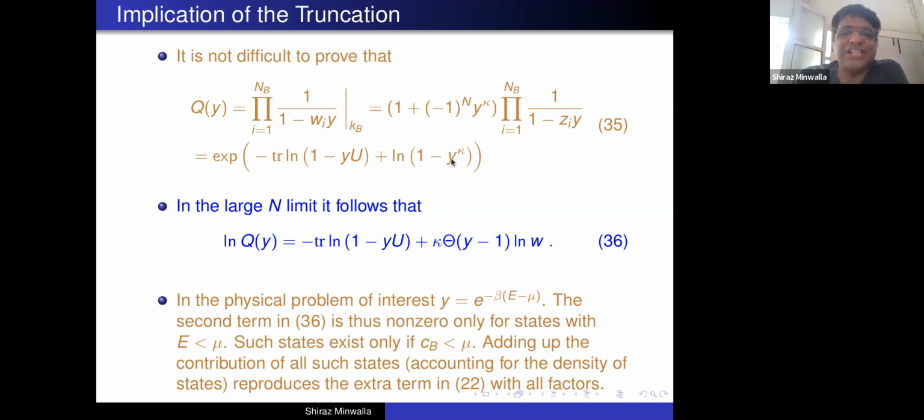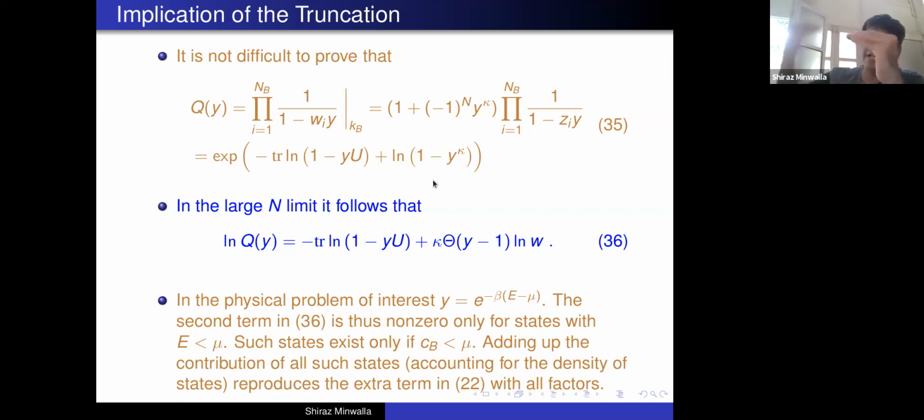Now, in the large n limit, kappa goes to infinity. So if y is less than 1, this additional log doesn't matter. But y was e to the power minus beta into (e minus mu). So y is less than 1 if the chemical potential is less than the energy. And that always happens for every state if the mass of your particle is larger than the chemical potential.